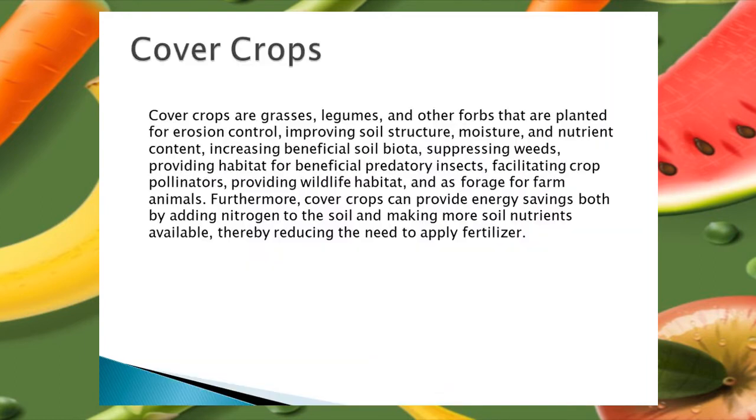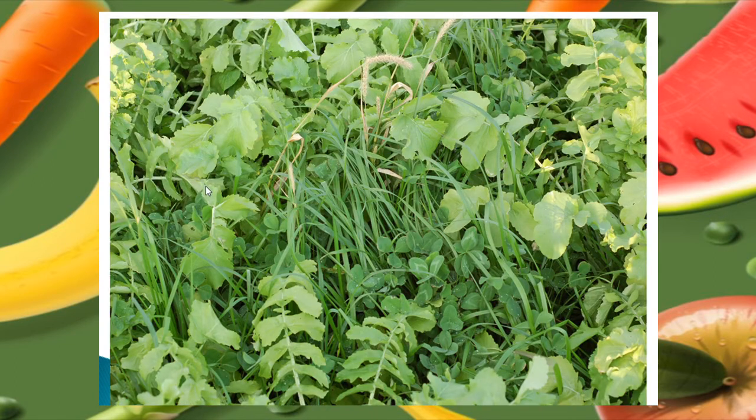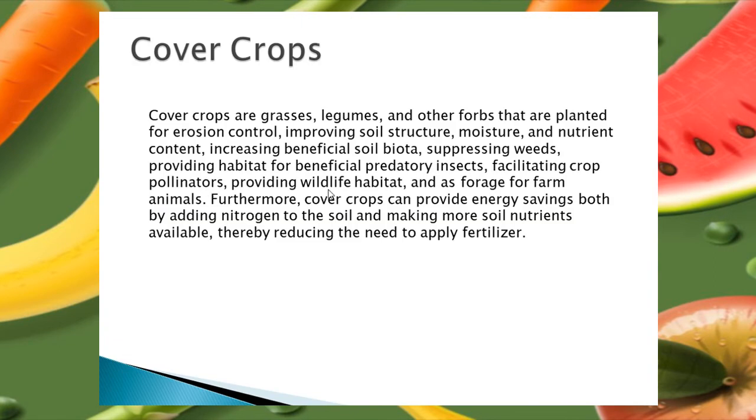Now what are cover crops? These are the grasses, legumes and other crops, other forbs. Forbs means the herbaceous flowering plants. These are called as the forbs. So these are planted for erosion control, improving soil structure, moisture and nutrient content, increasing the beneficial soil biota, suppressing weeds, providing habitat for beneficial predatory insects.